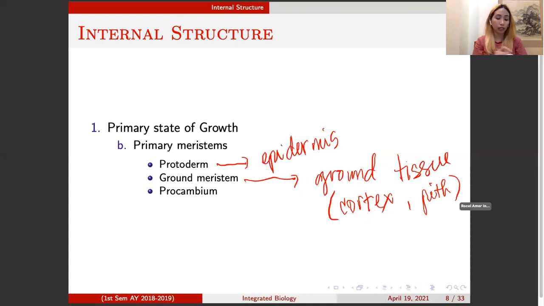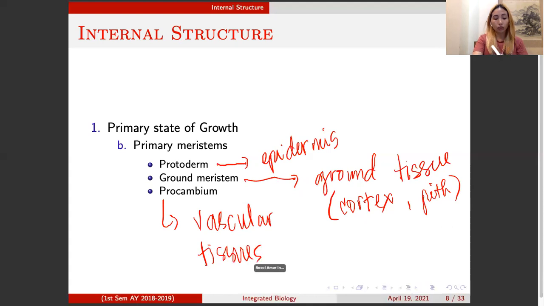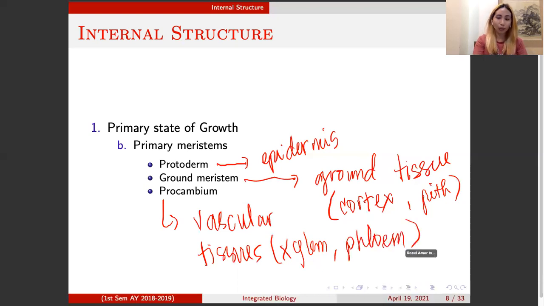I will give emphasis on that mamaya sa mga examples natin. And of course, you have the procambium, a primary meristem that gives rise to vascular tissues. Vascular tissues would be your xylem and phloem.